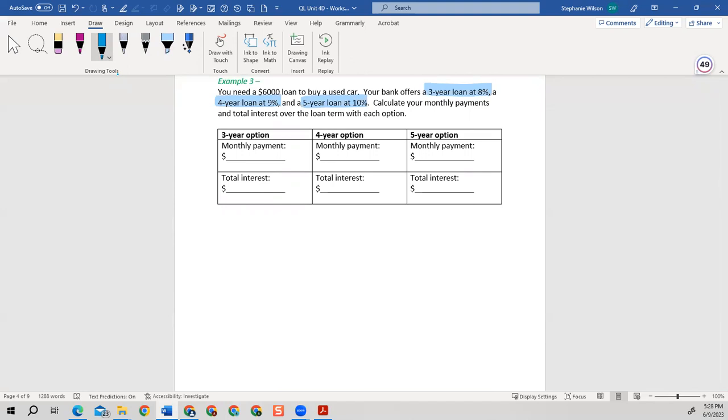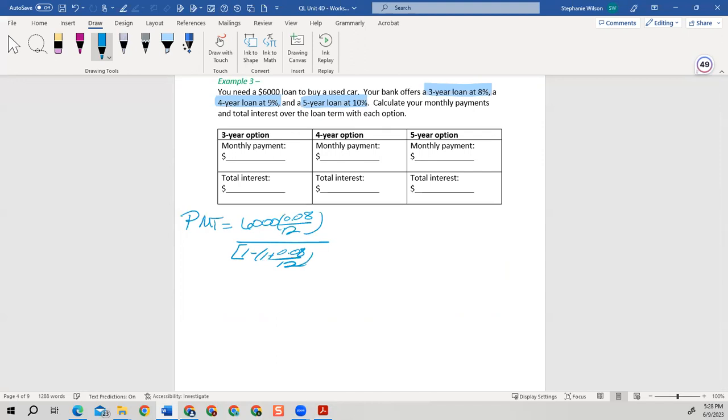So let's look at column 3 right here, or 3-year. So for the 3-year, we want to figure out the payment. We borrowed $6,000. It has an interest of 0.08. We're going to make monthly payments, right? So it's 12 months in that year. And then we are going to divide that by 1 minus 1 plus the fraction.